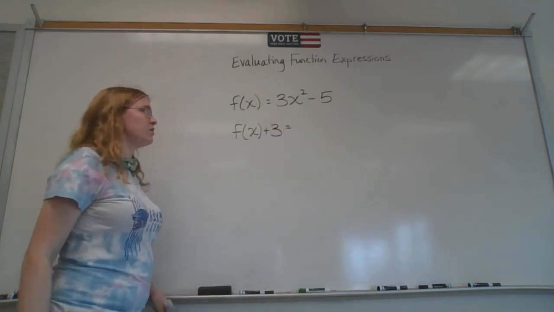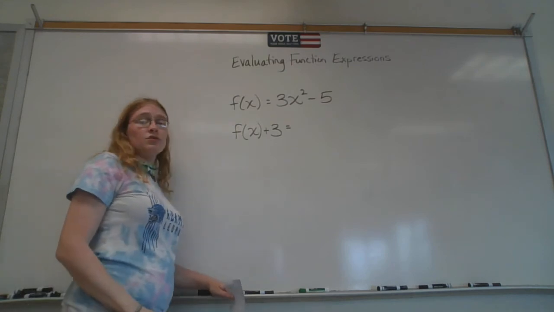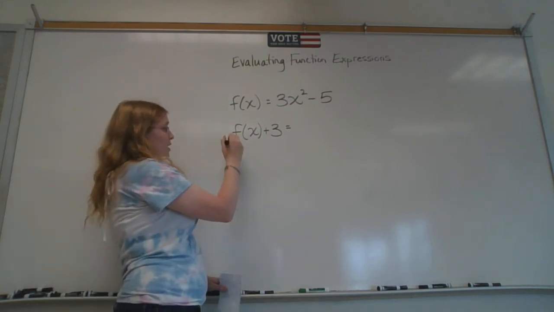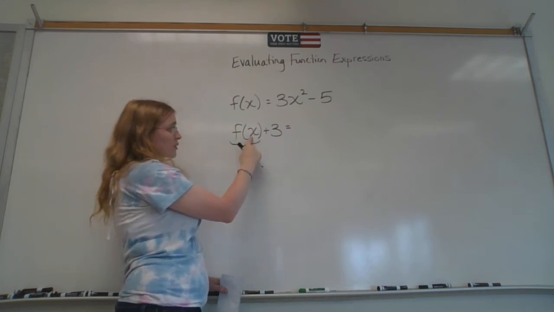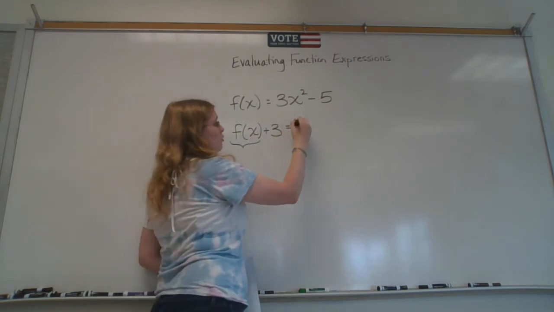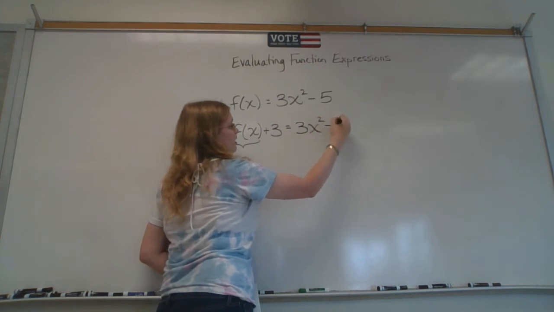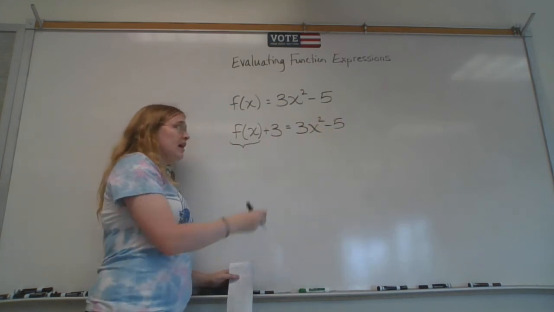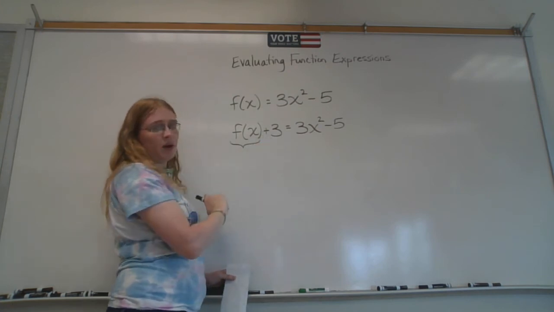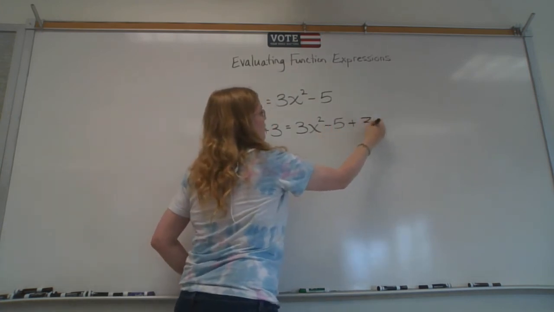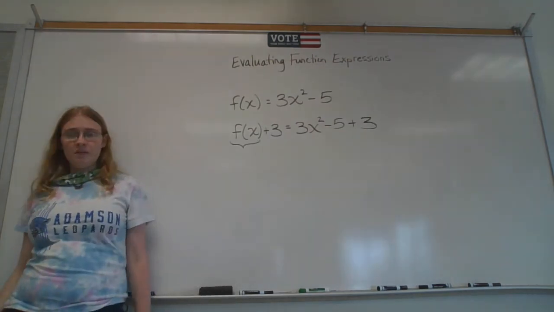F of x plus 3. So again, f of x is by itself here. It doesn't have anything interfering inside the parentheses, which means we can just rewrite it exactly as is. And then, after we've gotten f of x down, we just tack on a plus 3.